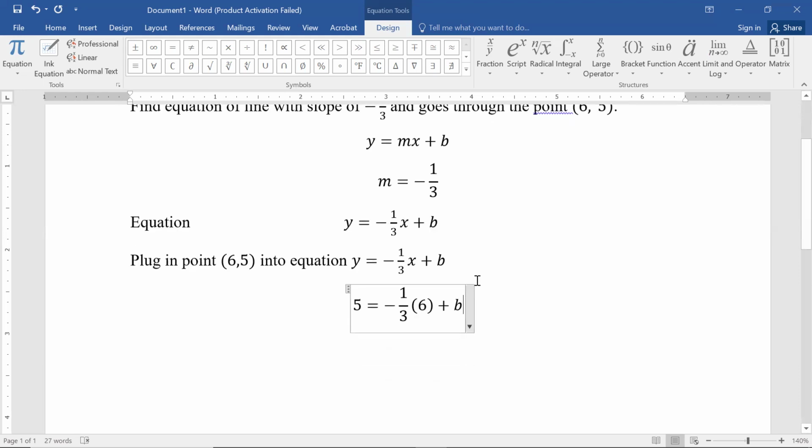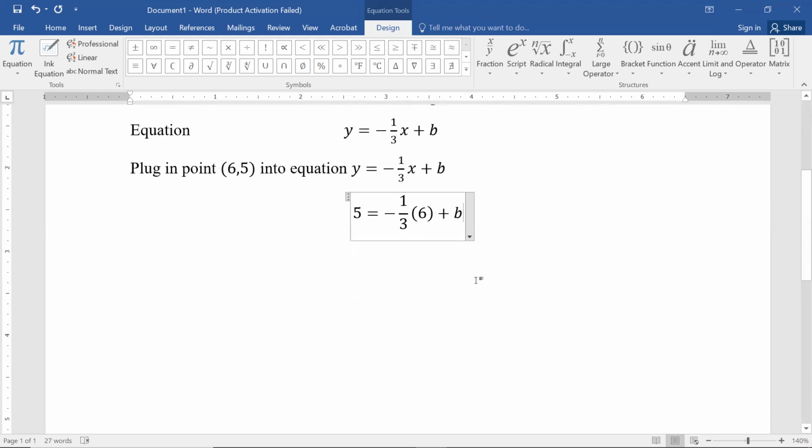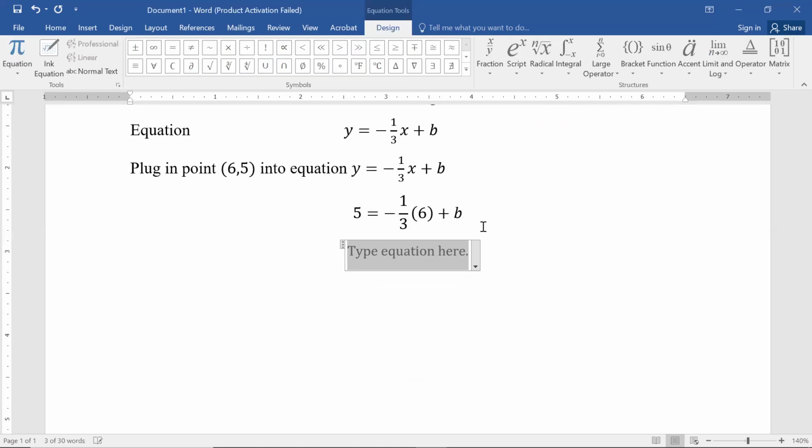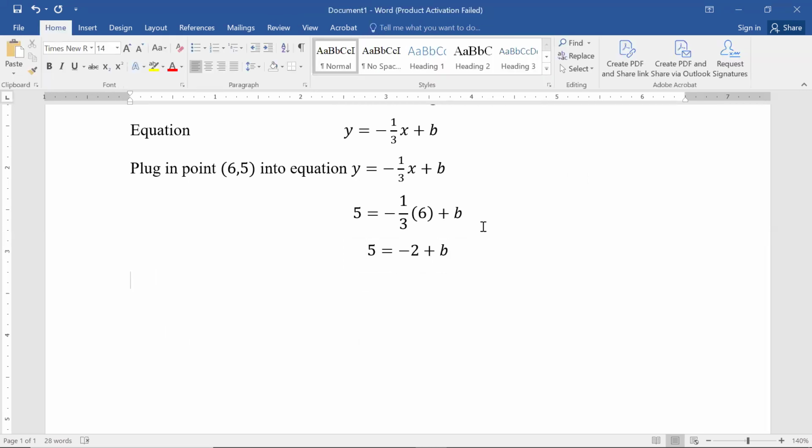Now that I've plugged in the point 6, 5 into that equation, I have another equation, and my only variable in that equation is b. So I can simply solve for b.